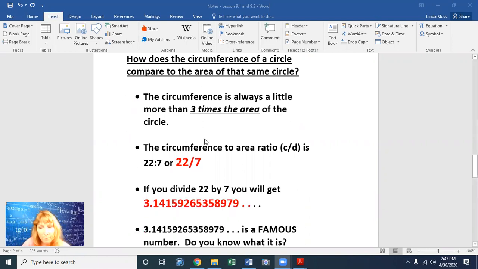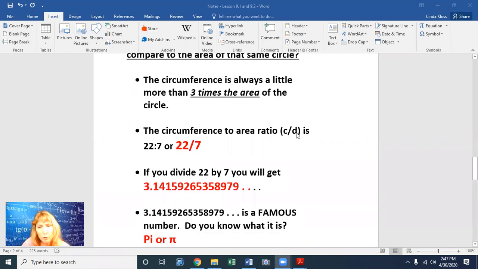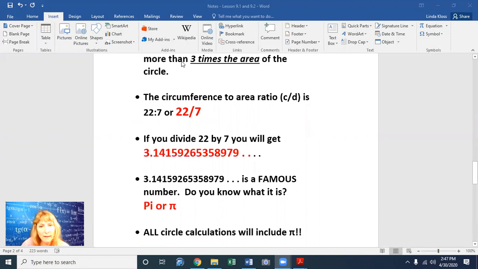C to D here. So circumference to diameter is 22 to 7, or 22/7. That's going to be an important number. If you divide 22 by 7, so if you were to take 22 on the inside of your division and 7 on the outside, you'd get 3 times 7 is 21.